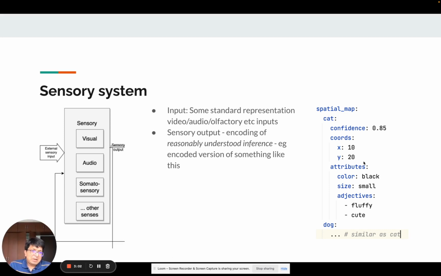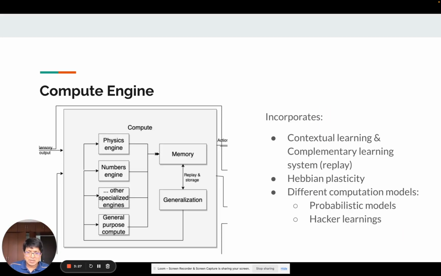Hypothetically, if I were to decode this sensory module output, it may look like: there is a black, small, fluffy, cute cat at a specific XY coordinate away, and I'm confident about that inference with, say, 95% confidence. That's the kind of output the sensory system might produce.